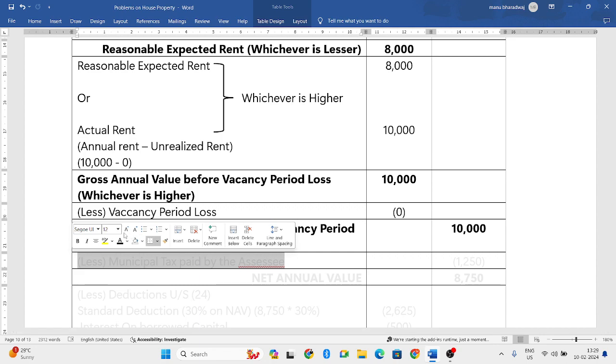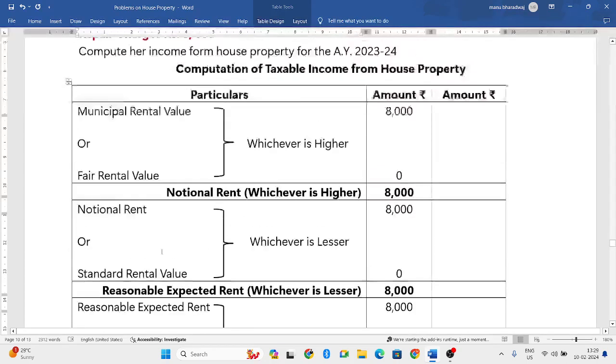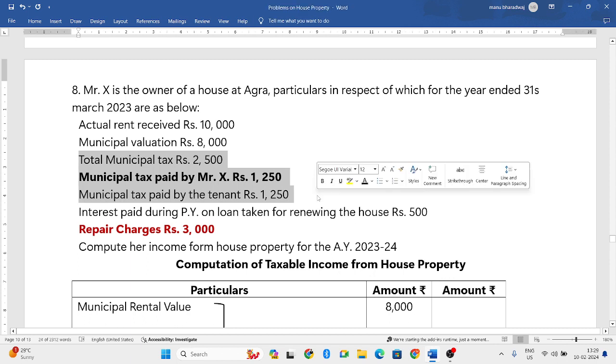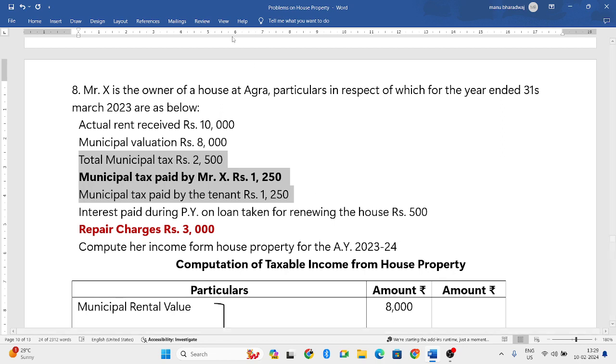From this, we have to reduce the municipal tax paid by the assessee. Only whatever municipal tax the assessee has paid has to be considered. In this question, three types of municipal tax they have given. First one is total municipal tax. Second, municipal tax paid by the assessee, that is Mr. X. Third one is municipal tax paid by the tenant.